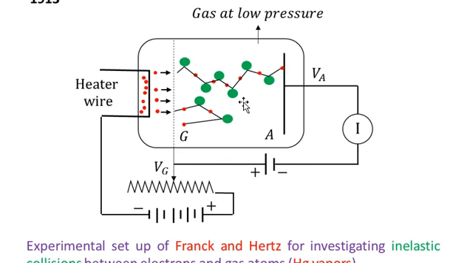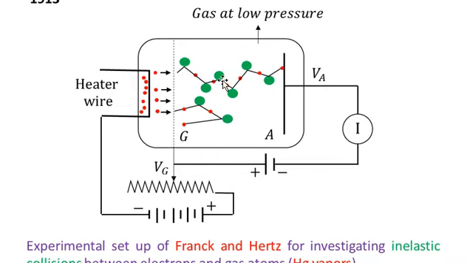So here, we shall keep the energy of the electrons in such a way that the electrons do not have enough energy to ionize the mercury atoms, but they can impart their energies in the form of excitation energy of the mercury atoms. So different levels in the mercury atoms can be excited, and these will be determined by the dip in the current.